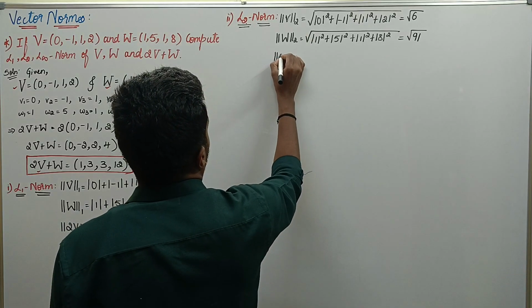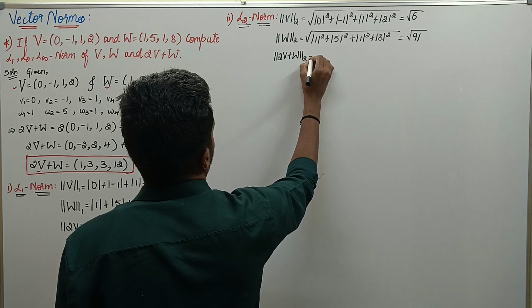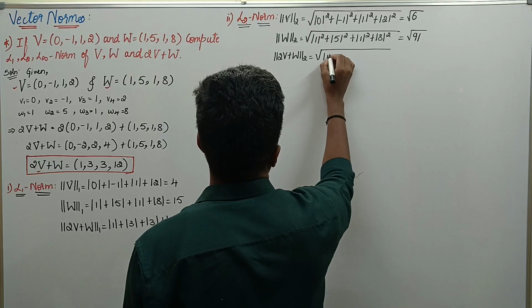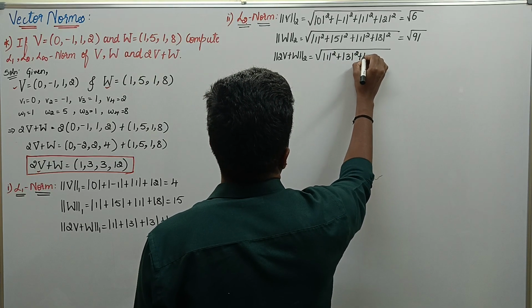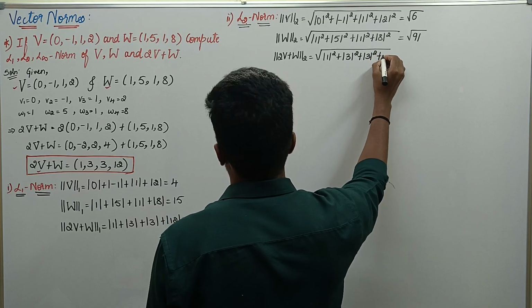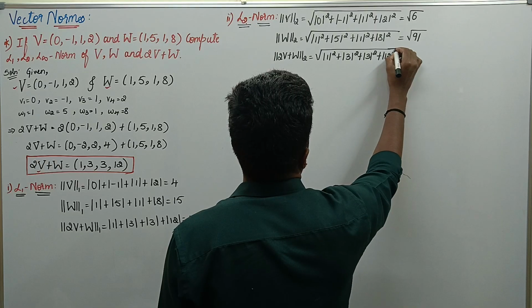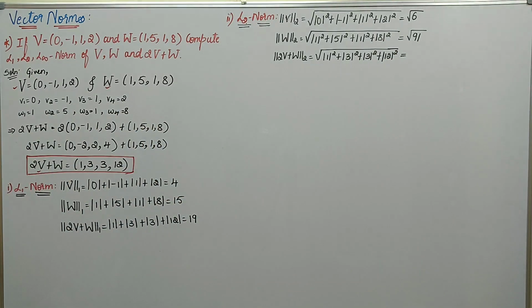Next we have norm 2V plus W2, which is equal to the square root of modulus 1 square plus modulus 3 square plus modulus 3 square plus 12 square. Please be careful while applying the modulus sign.